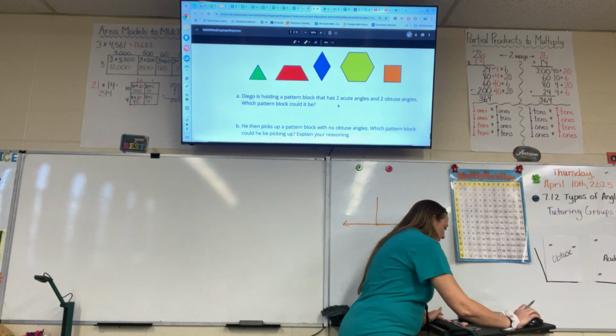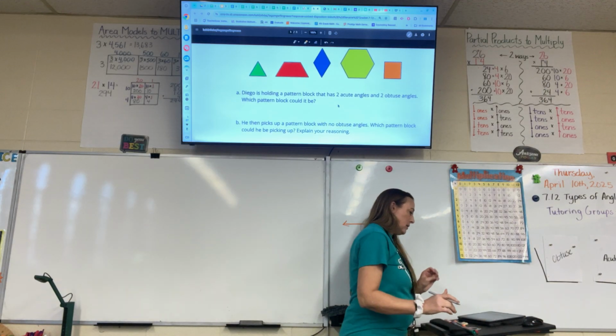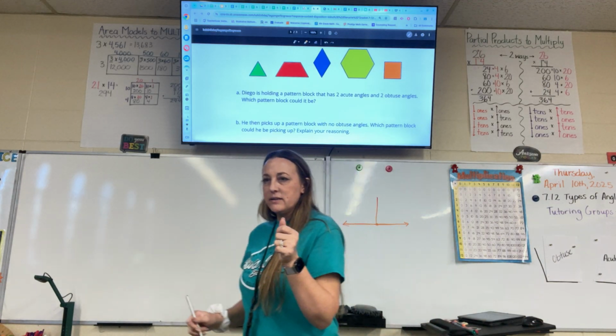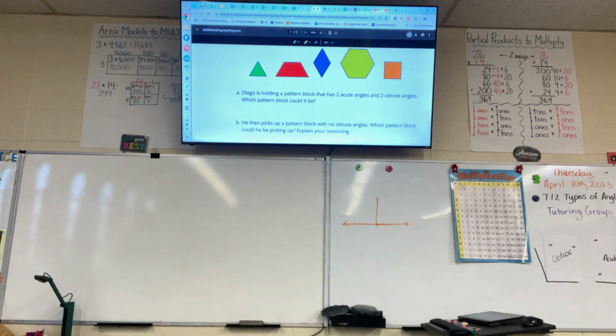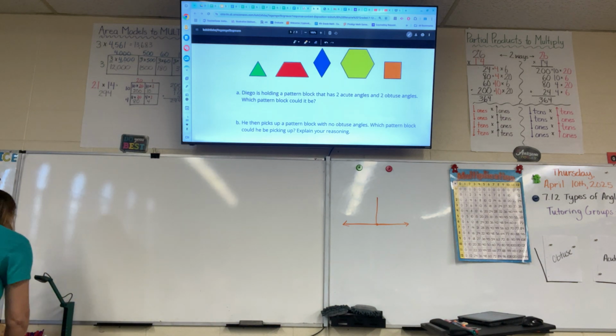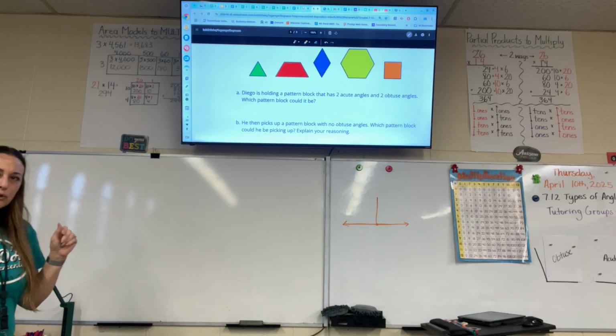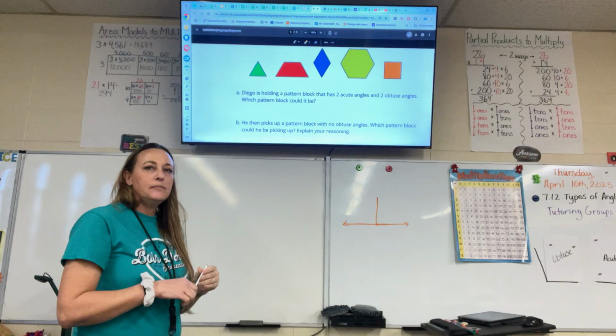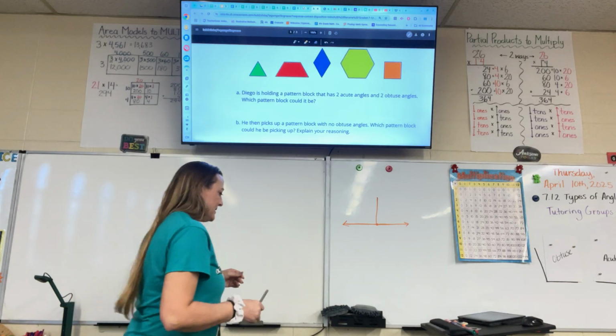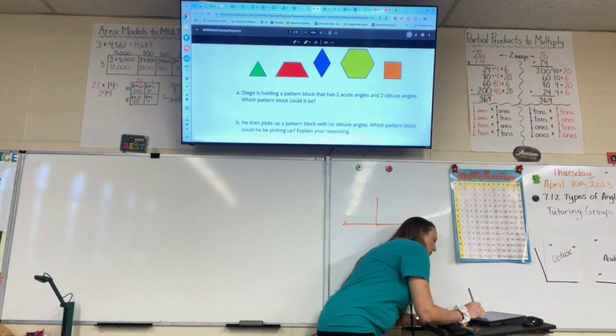Diego is holding a pattern block. So he's holding in his hand a pattern block that has two acute angles and two obtuse angles. Which of those blocks could he be holding? That's made up of two acute and two obtuse. Colton? The blue rhombus. Yes. Nice job, Colton. And there's another one.